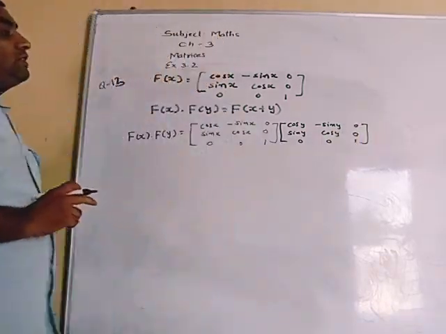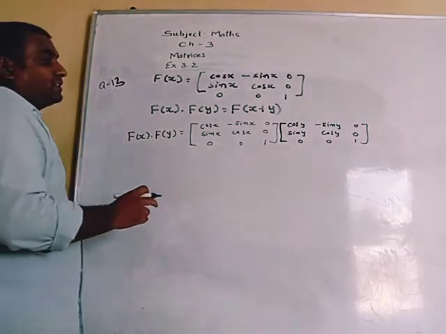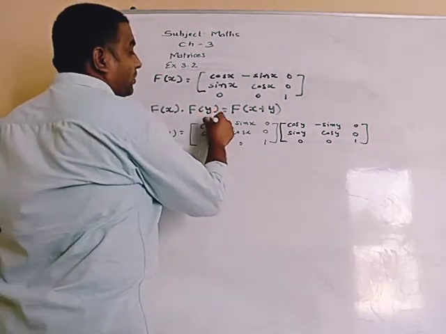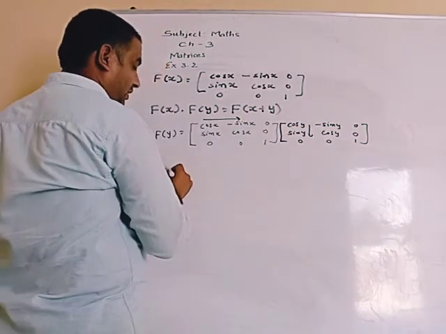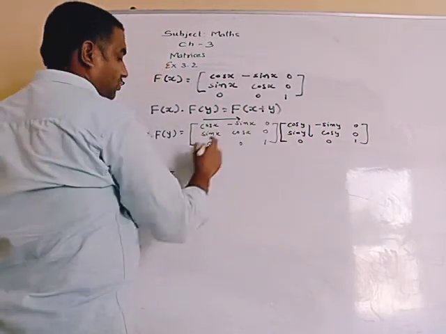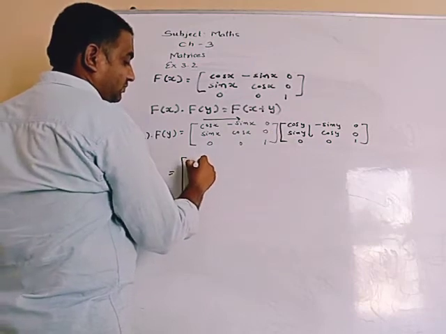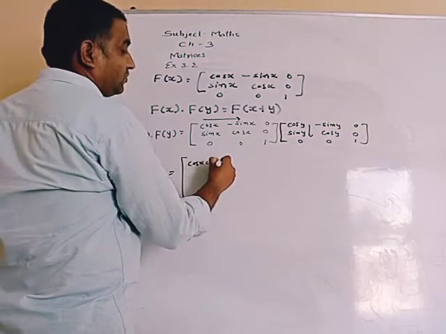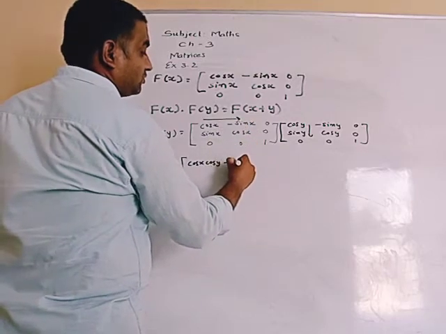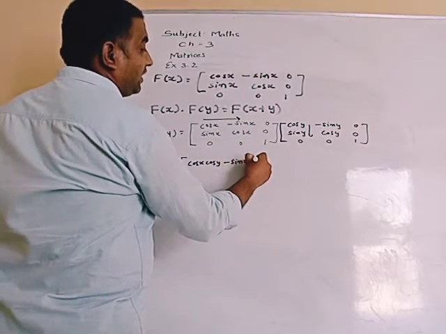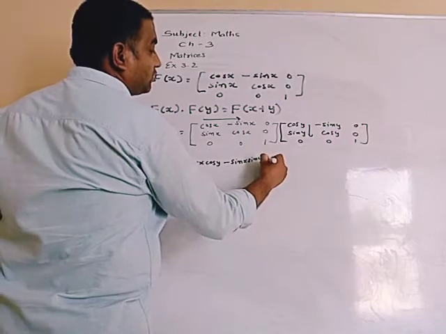Here is a product of two matrices, so we know that for the first matrix we take a row and for the second matrix we take a column and multiply. So cos x into cos y plus minus sin x into sin y plus 0 into 0, 0.